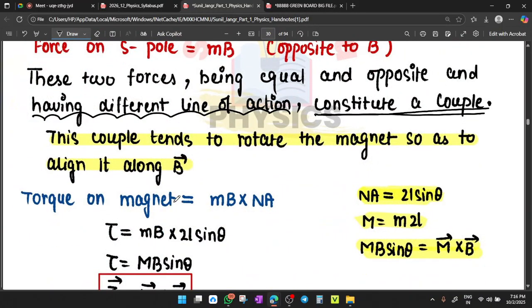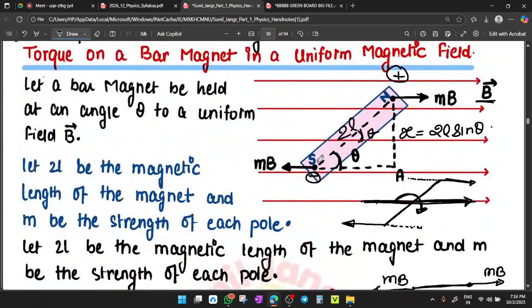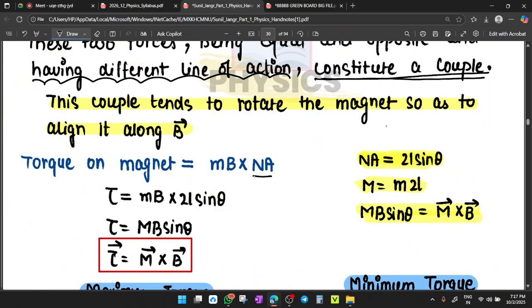This couple tends to rotate the magnet so as to align it along the B vector. So torque on a magnet is given by force multiplied by perpendicular distance. Force in each case is mB, and the perpendicular distance here is NA.